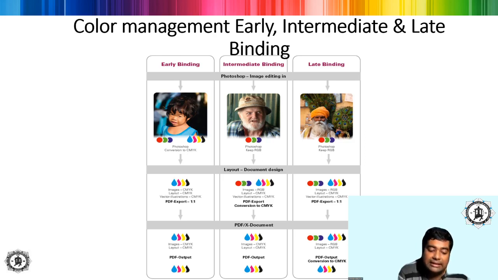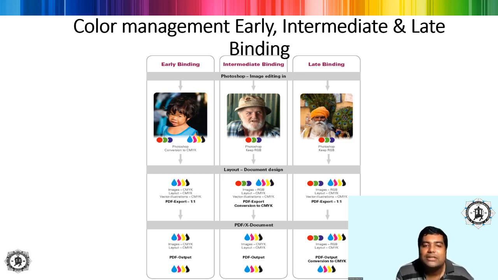So it is not recommended that you convert the image from RGB to CMYK right at the stage when you are editing the image in Photoshop. In that situation, early binding is not really advisable. So what you can do is go for an intermediate binding, right?